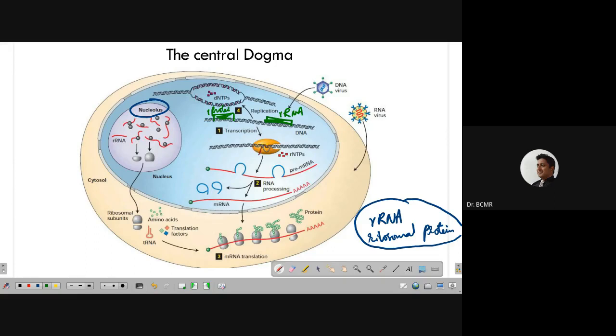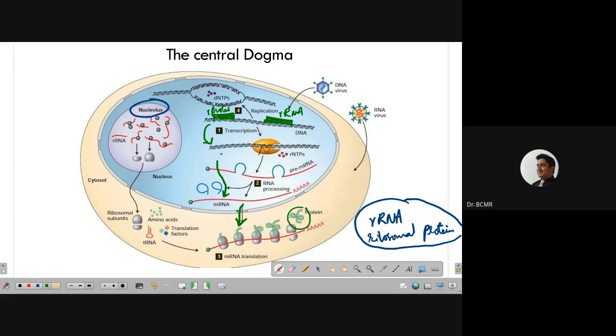I've just indicated one each for ease of understanding. The first thing it has to do is transcribe this gene, produce mRNA, and that mRNA should be spliced and carried out of the nucleus. In the cytoplasm, the already pre-existing ribosomes will synthesize the ribosomal proteins.